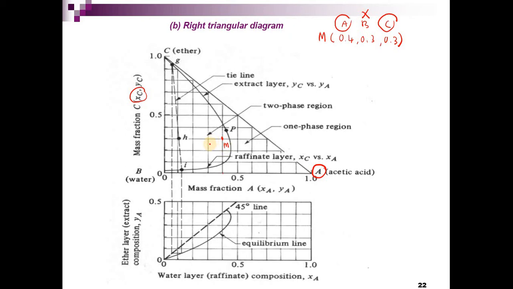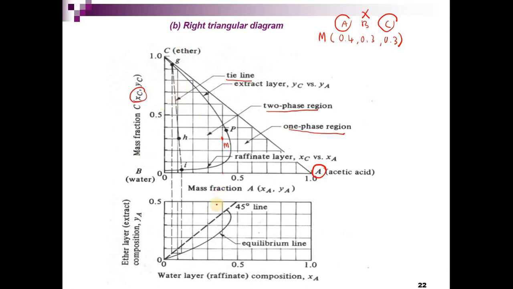In the right triangular diagram we also have the equilibrium curve. The curve is the equilibrium curve, and inside it we also call it the two-phase region, same as in the equilateral triangular diagram. Outside the curve we call it the one-phase region. The dotted line is also called a tie line, like the other diagram I explained just now.